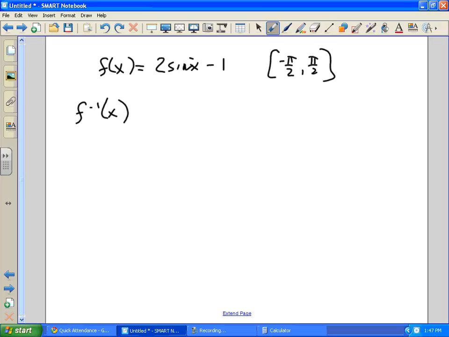I want to find the range of f. And I want to find the domain of f inverse of x.